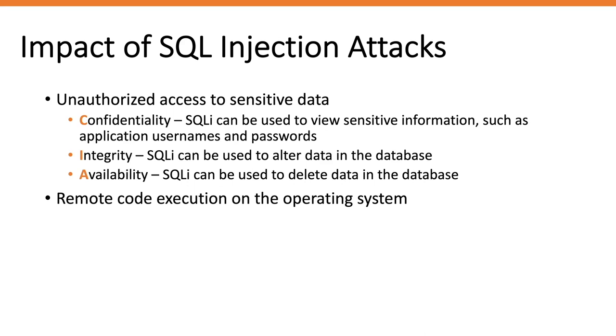You would gain access to the operating system with the same privilege that the database is running with. So you've got to be very careful to make sure that the database runs with the least privilege possible. We'll discuss that in the last section when we're talking about things like defense in depth and how to prevent SQL injection vulnerabilities.